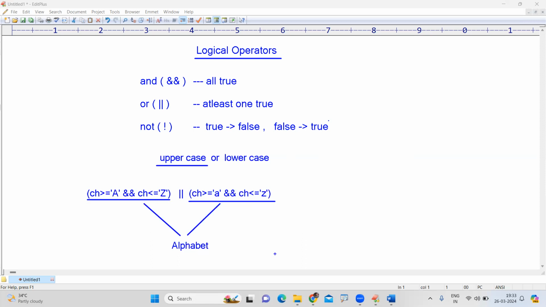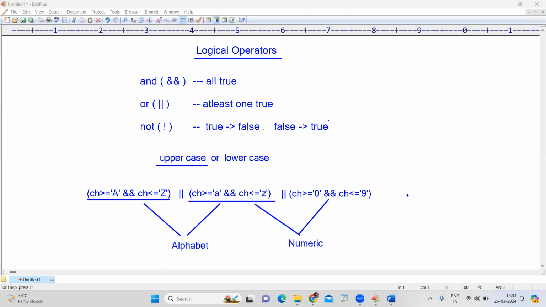Enough, na? Sir, suppose alphanumeric. Alphanumeric means what? Or digit also. Characters are there and digits are there, then alphanumeric. Either alphabet or numerical, all are allowed.